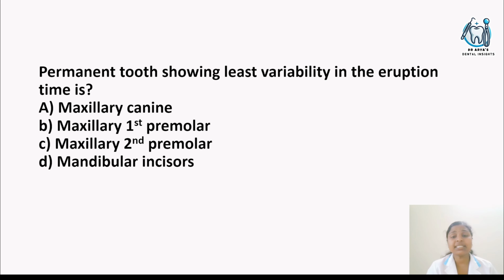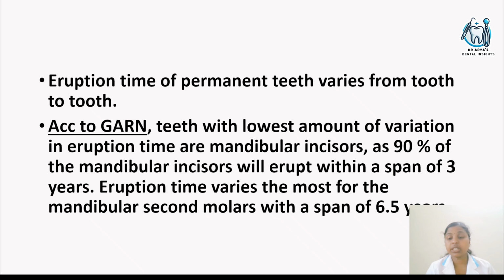Permanent tooth showing least variability in the eruption time is this: maxillary canine, or first premolar, or second premolar, or mandibular incisors. So coming to the discussion part, eruption time of permanent teeth varies from tooth to tooth.